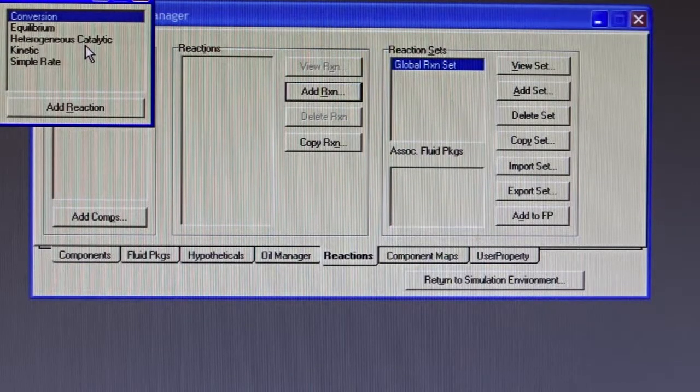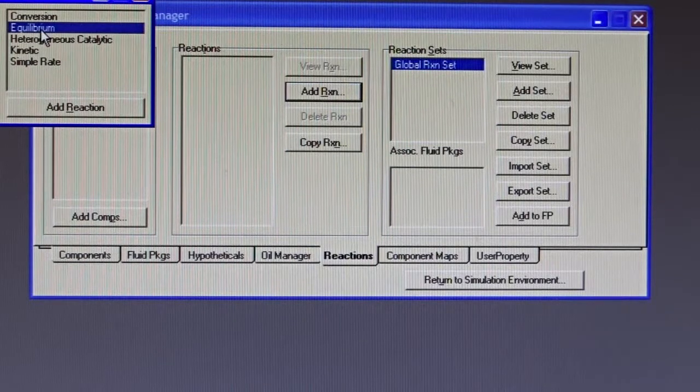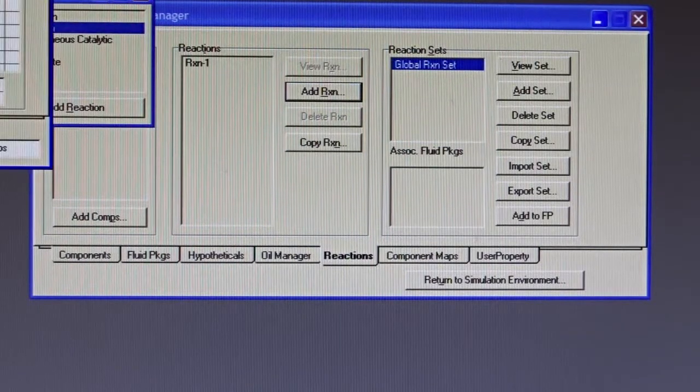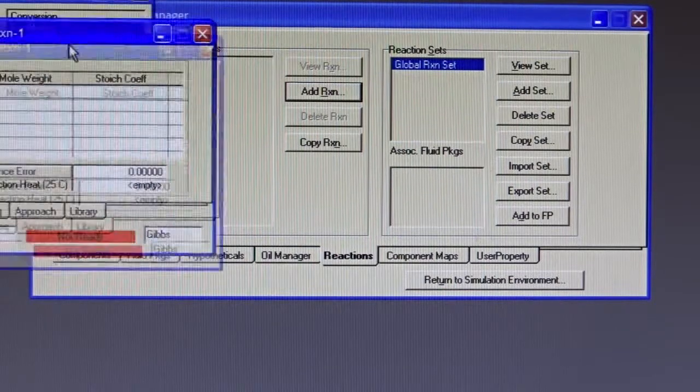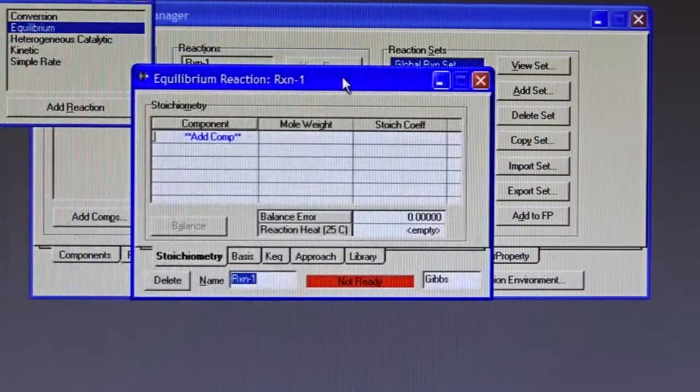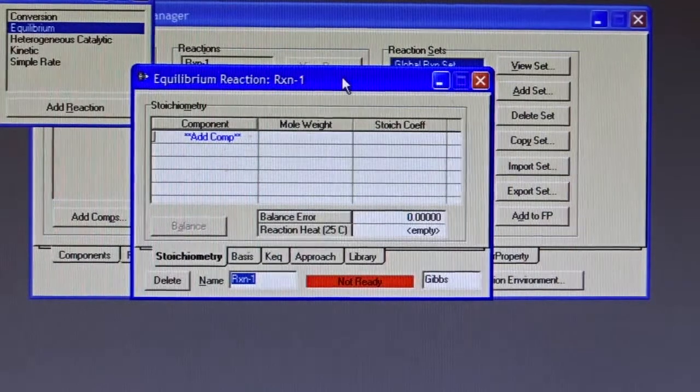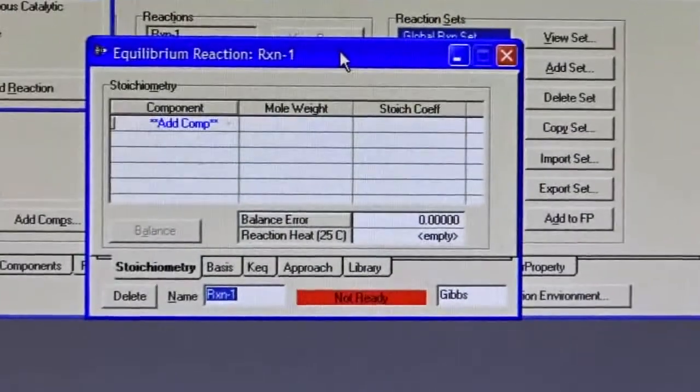If I want to carry out equilibrium conversion calculations, all I need to do is to specify that I have an equilibrium reactor. So I will need to add that reaction.